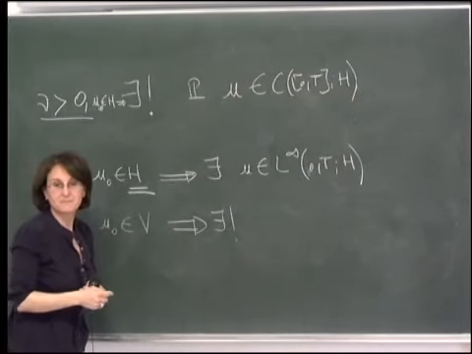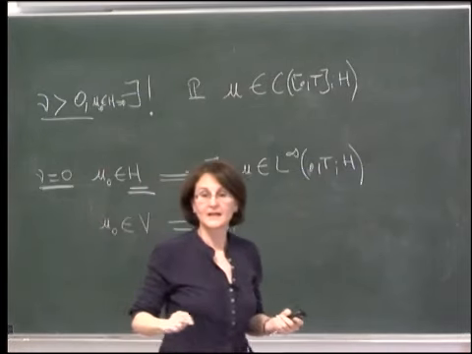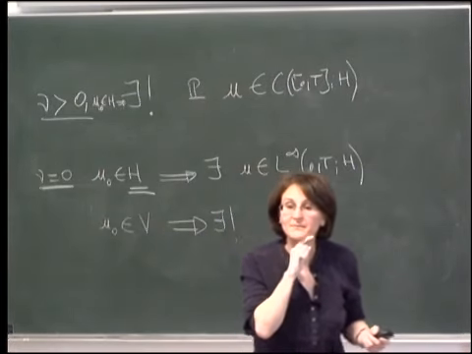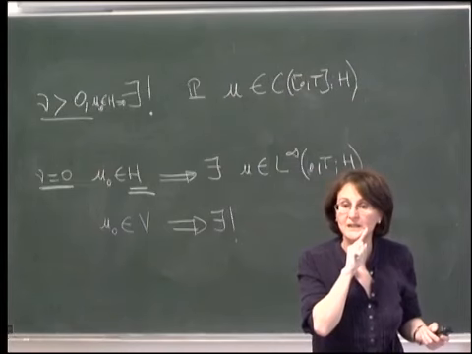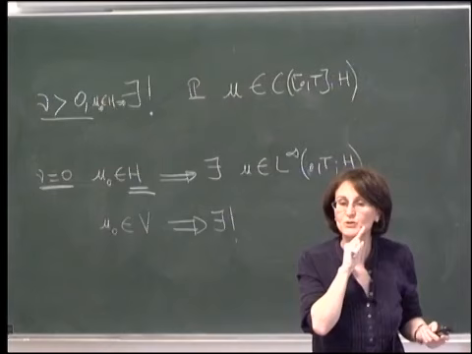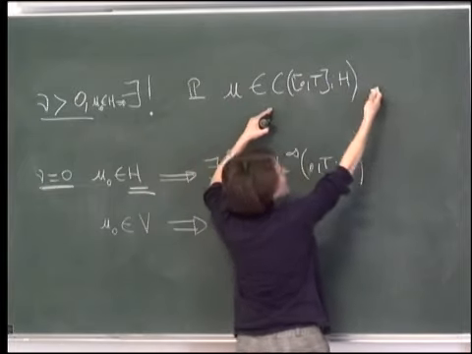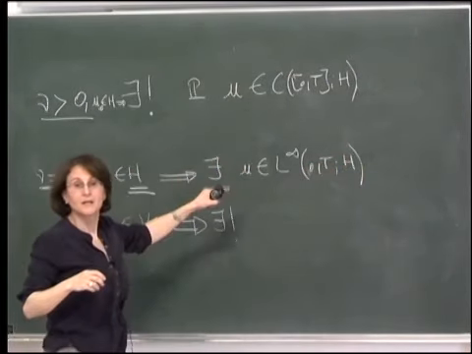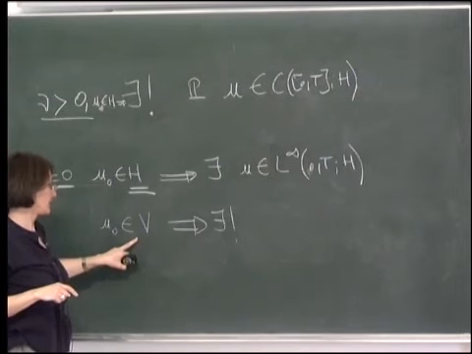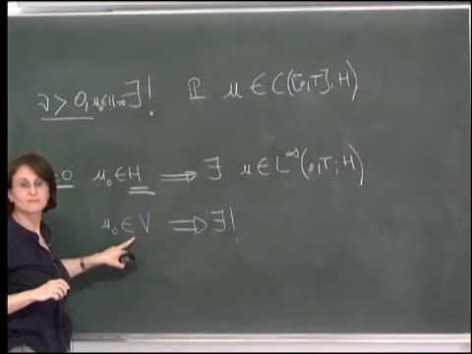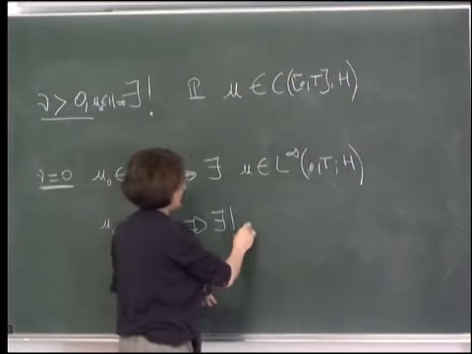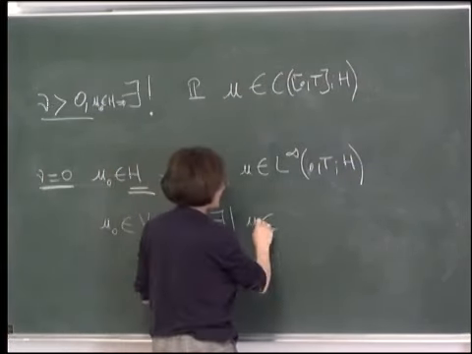Don't you need that U belongs to L2 on V prime? If you are proving existence for the uniqueness of the solution, you need only u0 in V. Where should the solution be?